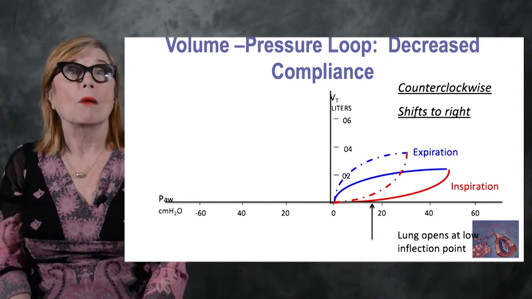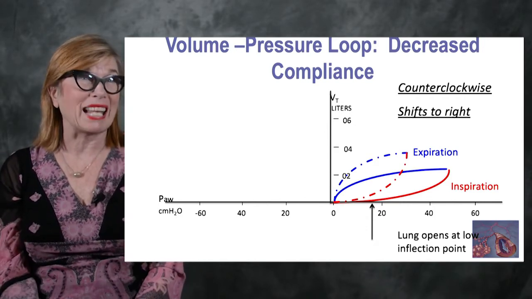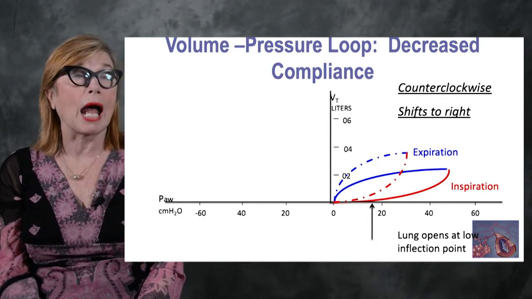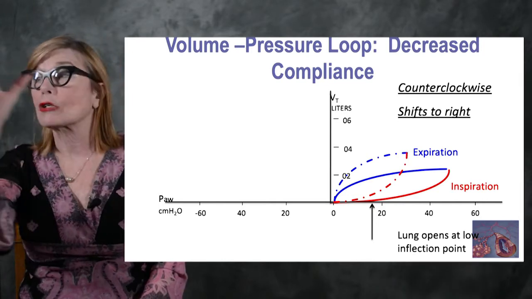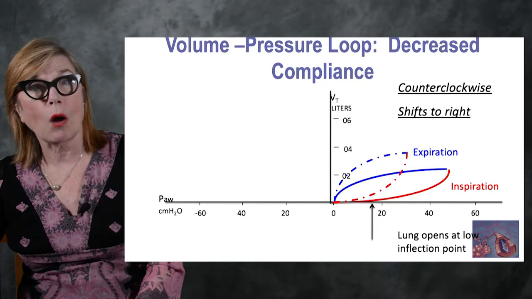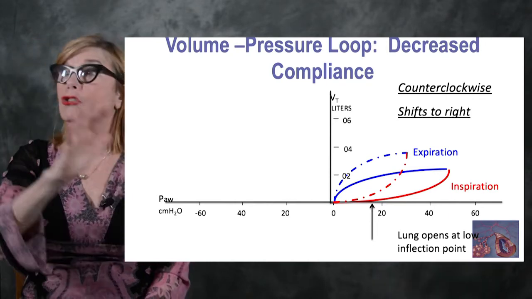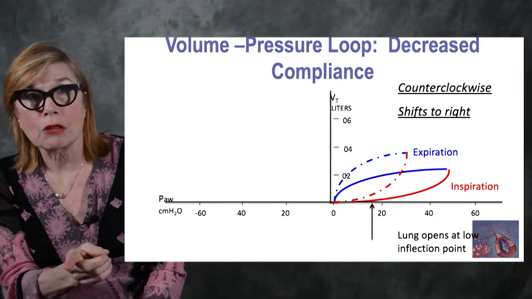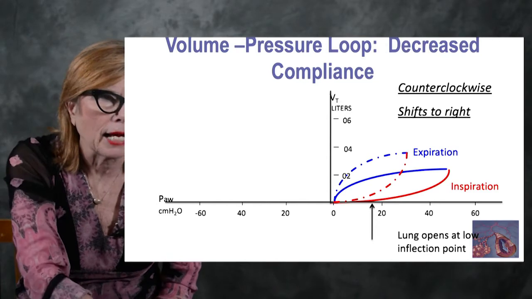But I want you to see that the non-dotted lines are representing a lung that is not compliant. So that loop actually shifts to the right. It's actually clockwise, shifting to the right. So see the red line going up, opened, and exhale.